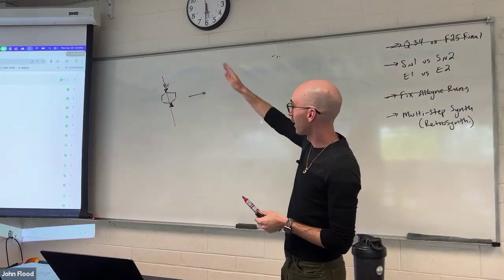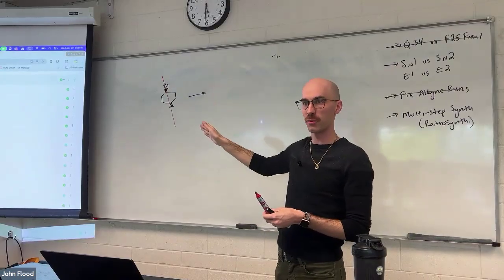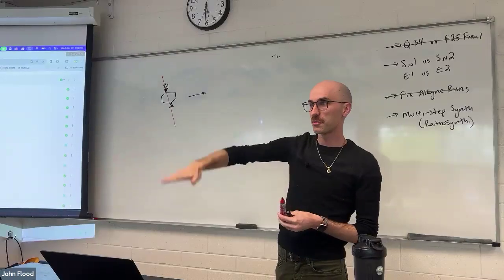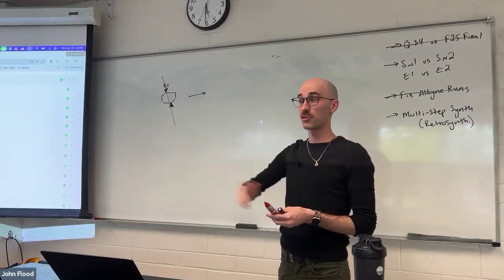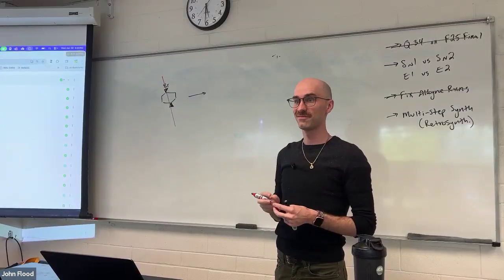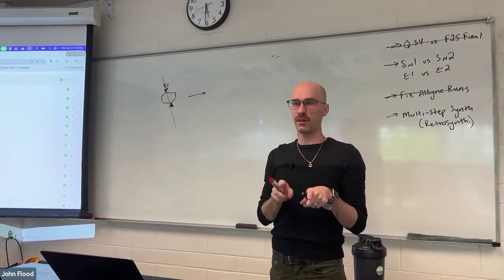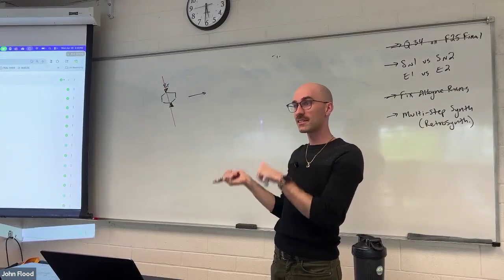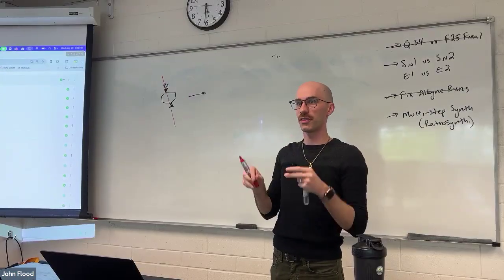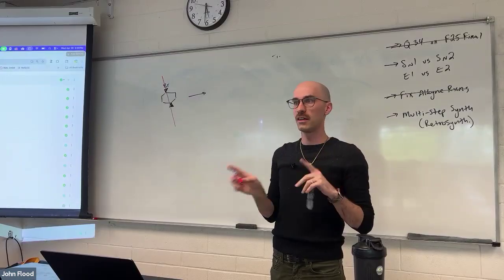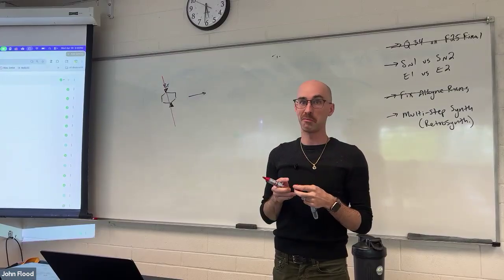I can draw a line of symmetry straight through those two carbons, and there's a plane of symmetry on either side. So those carbons are achiral. No chirality. But there is still stereochemistry. This is a cis stereoisomer because I could make a trans one, but they aren't chiral centers.